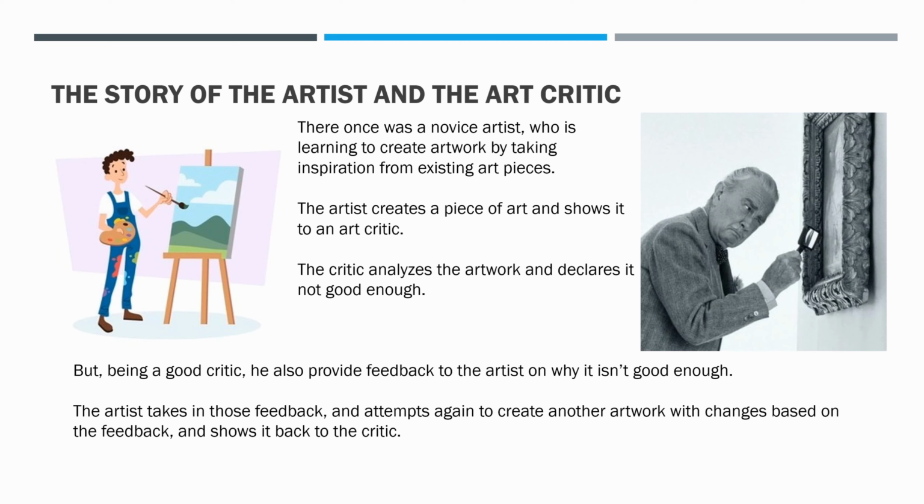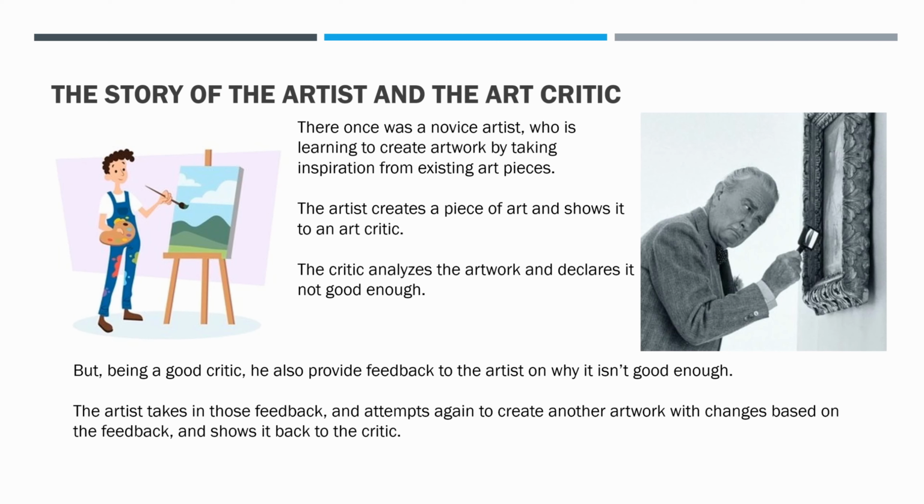But the critic wants to help the artist as well. So, being a good critic, the critic provides very detailed feedback to the artist on why the critic thinks that piece of artwork isn't good enough.